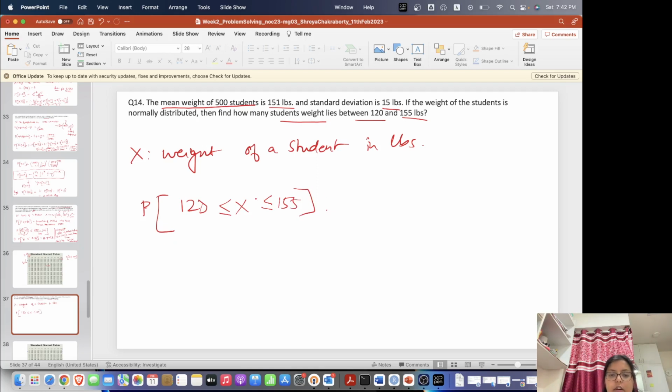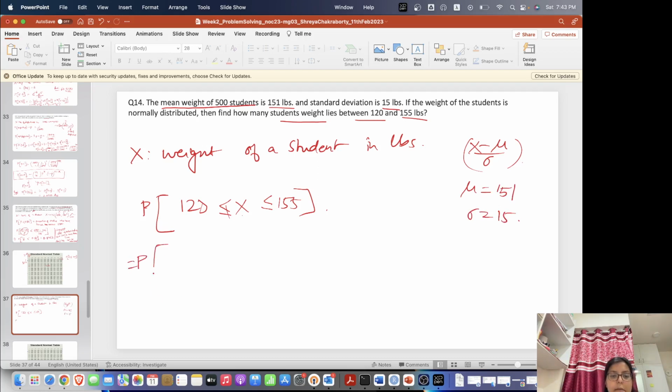Instead of doing the calculations with x, since we have the table for a standard normal distribution, we'll use this formula, x minus mu by sigma. We'll just transform. Here mu is 151 and sigma is 15.